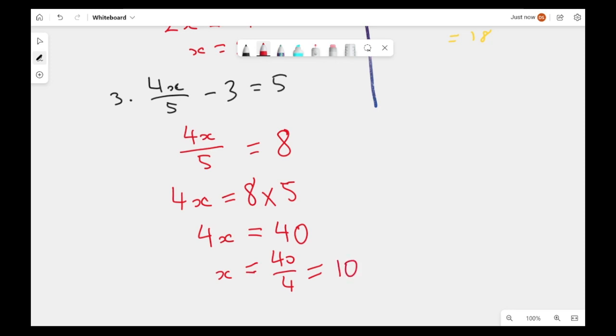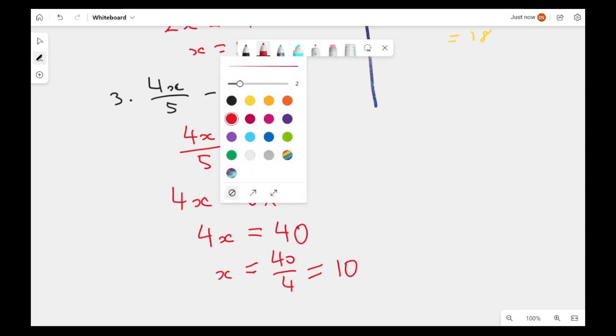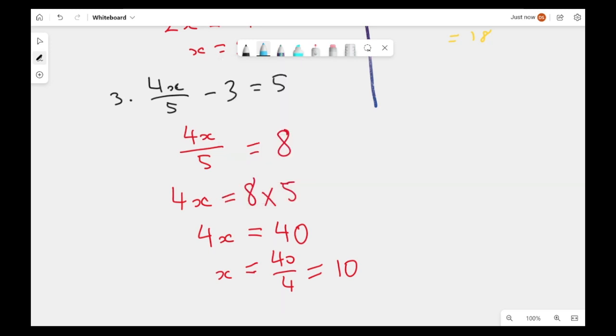Now, that was a lot of steps, but let's check this and make sure that we're on the right track. Whenever you're in doubt, you can always check back. If I found x to be 10, then 4 multiplied by 10 divided by 5, and subtracting 3 from that should give us 5.